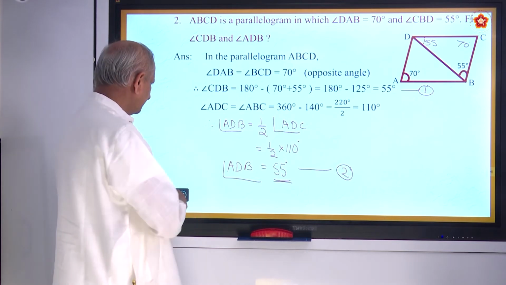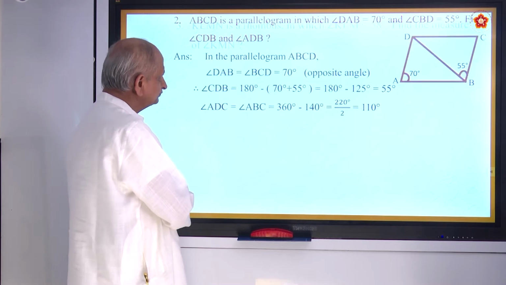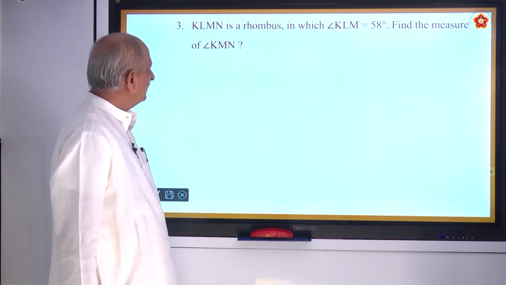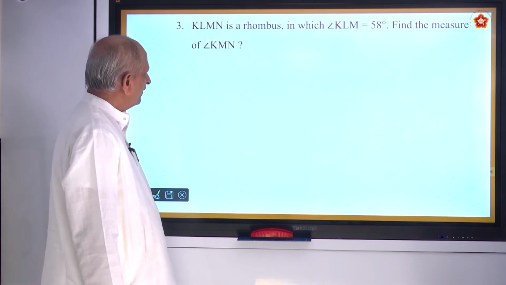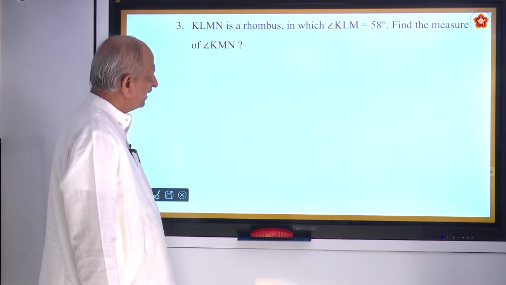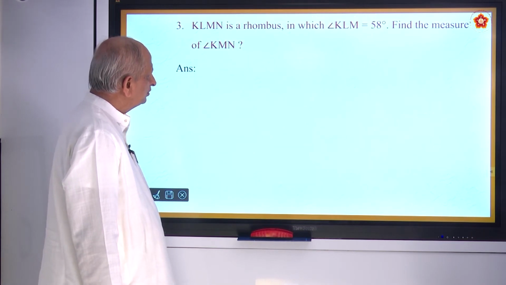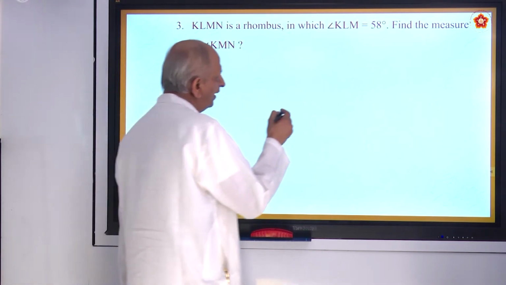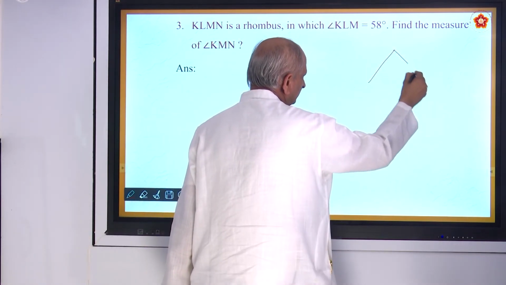Okay. We'll pass on to the next question. KLMN is a rhombus in which KLM is equal to 58 degrees. Find the measure of angle KMN. So here you must know what is meant by rhombus. I will draw a rough figure.